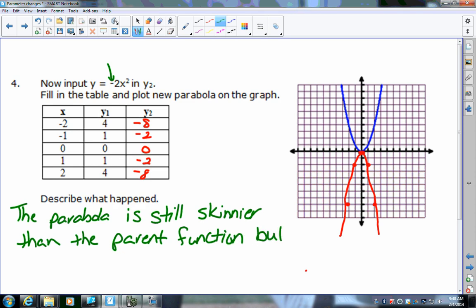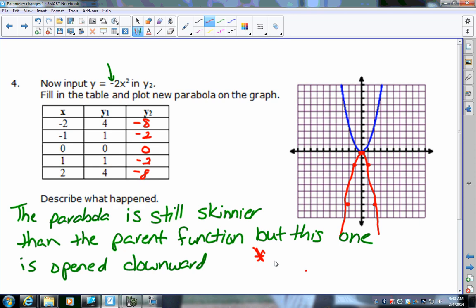But this one is opened downward. Guys, this is a reflection over the x-axis.